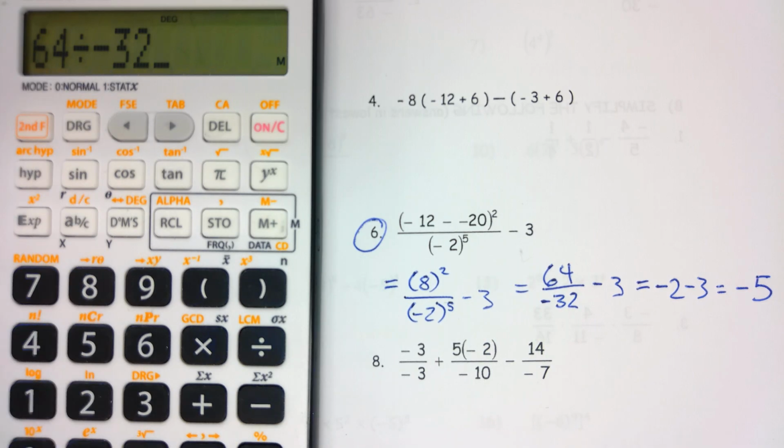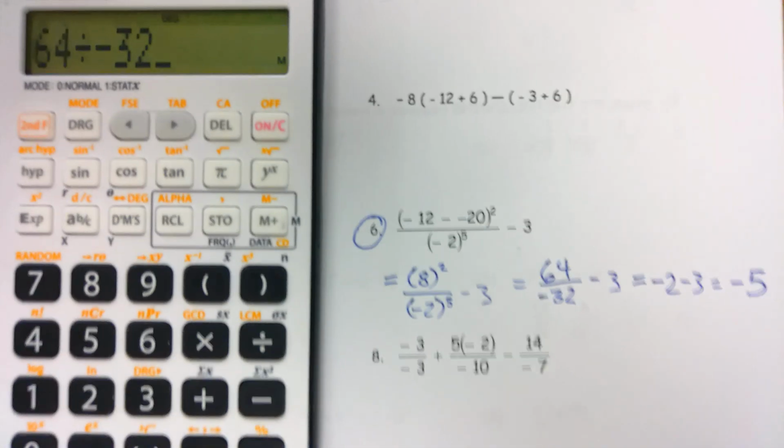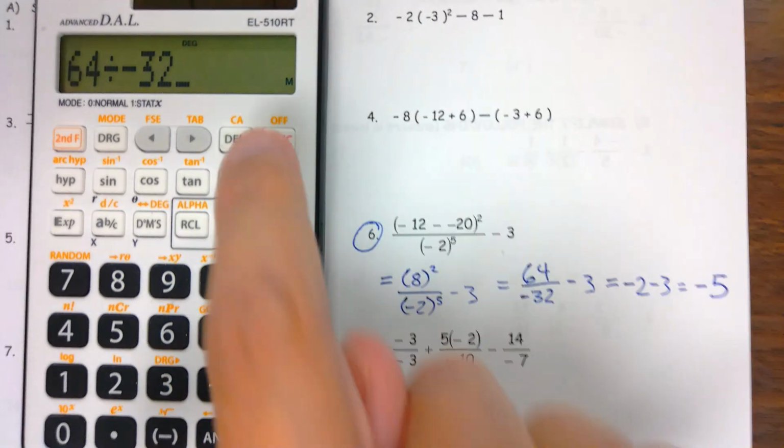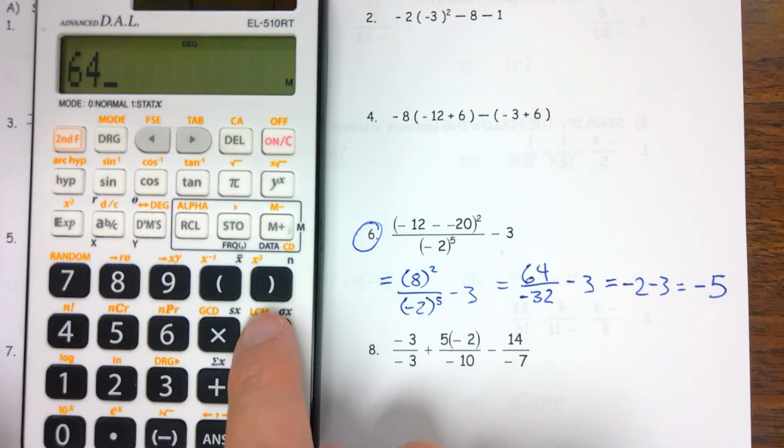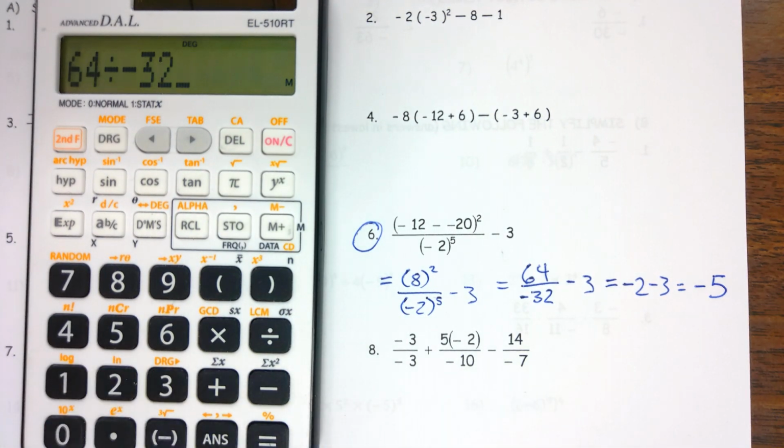No, not so much the bracket. Okay, I'll type again what I just typed. 64 divided by negative 32. Right, so I didn't press this. I pressed the minus sign.